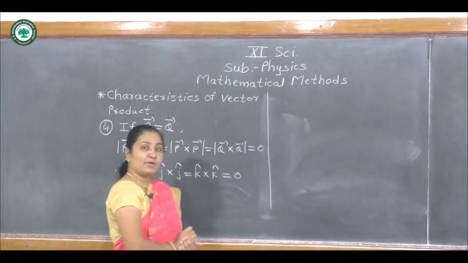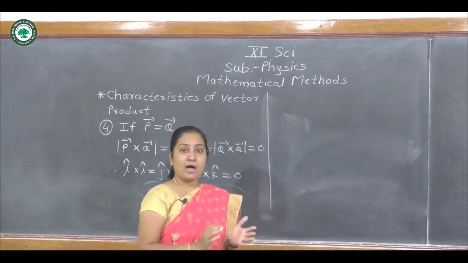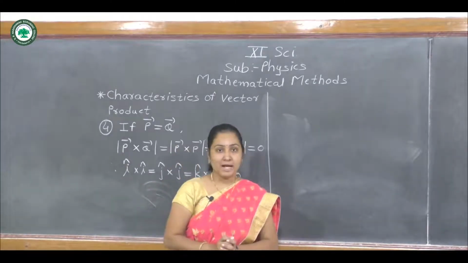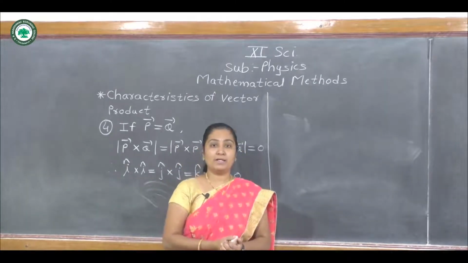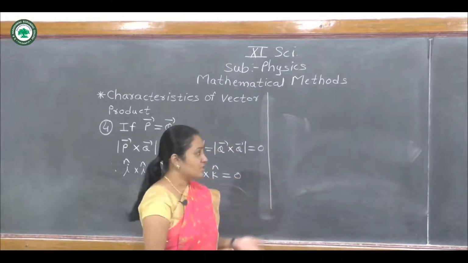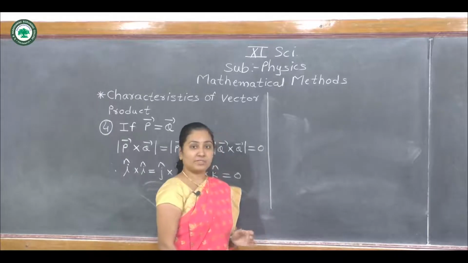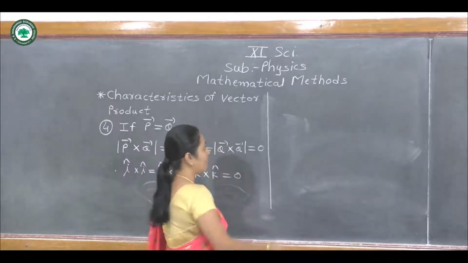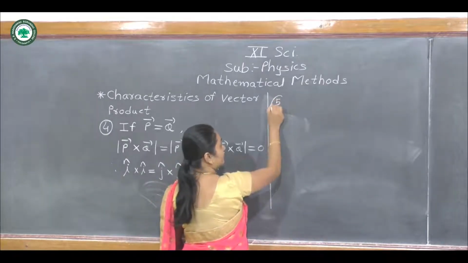Now we will find the formula for the vector product, that means how to find the vector product of any two vectors. This is nothing but the fifth characteristic of vector product.